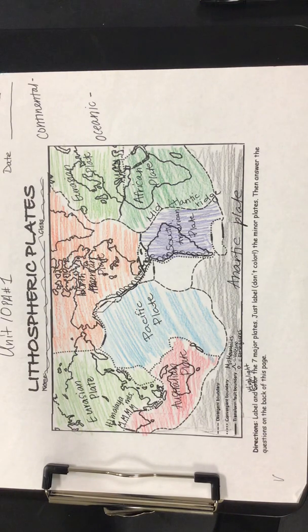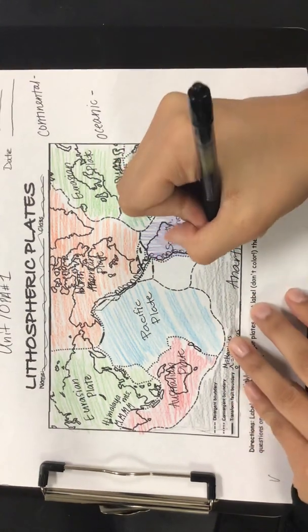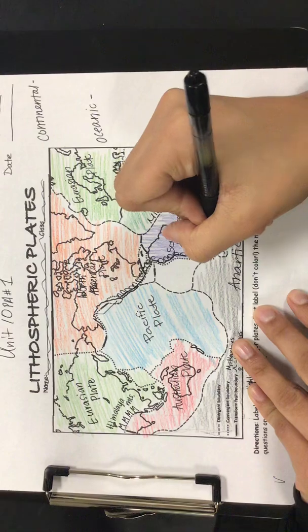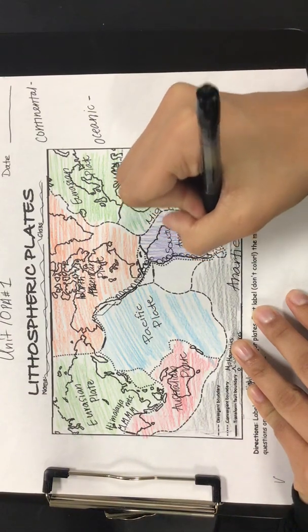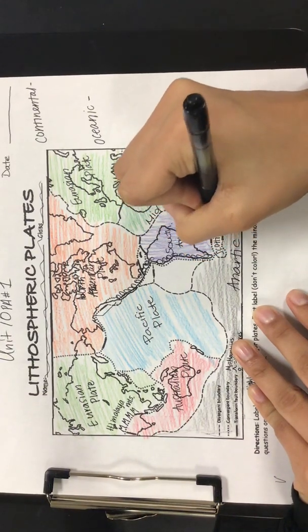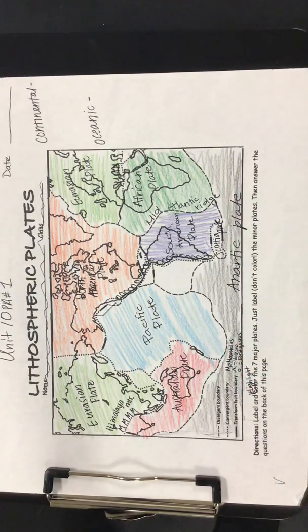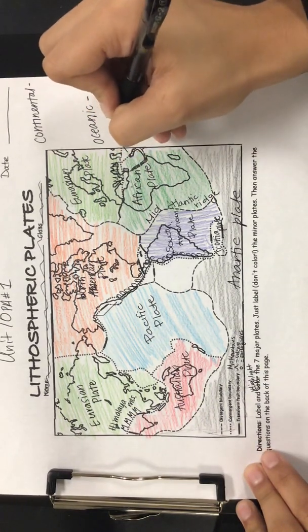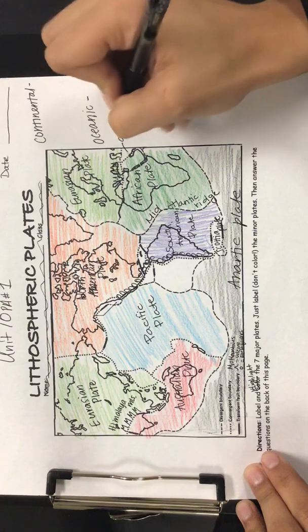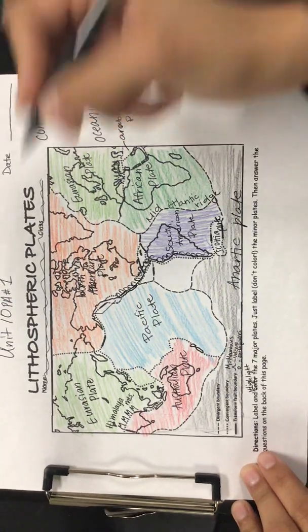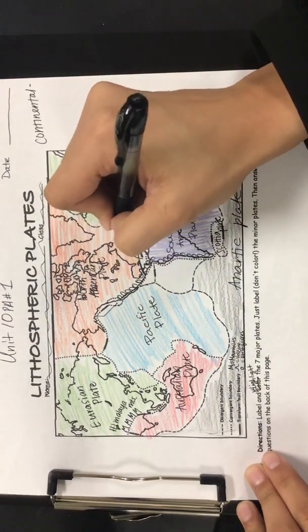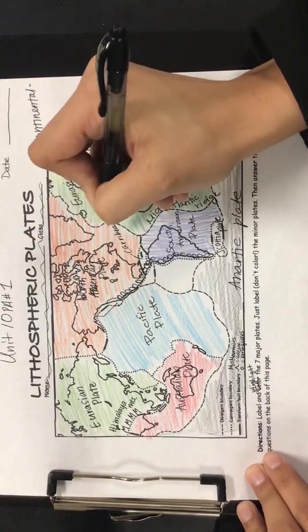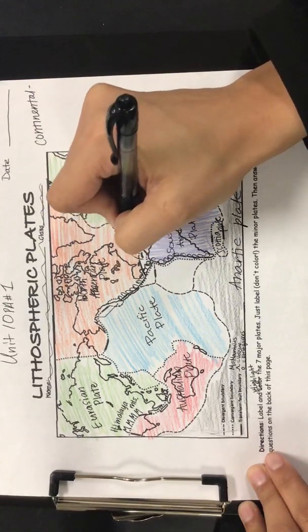Now I guess we can go in and label some of our minor plates, okay? So, give me a second. We're not going to color these, but I do want to label them. Okay, these aren't named necessarily by where they're at. Some of them are, some of them aren't. It just depends. Right here we have the Arabian plate. Okay. Over here we have the Caribbean plate.